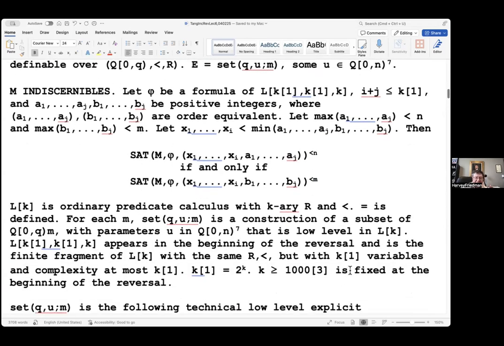All right, now this set Q, 0, M construction is a construction of a subset of Q, 0, Q to the M, with parameters U in here.